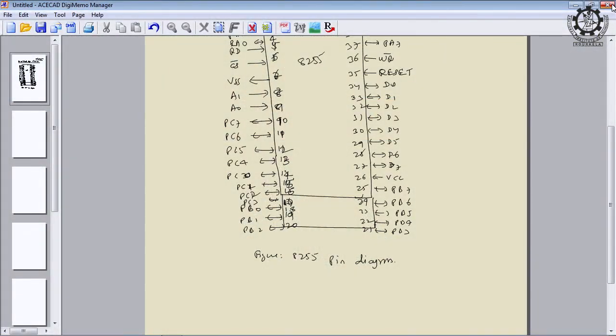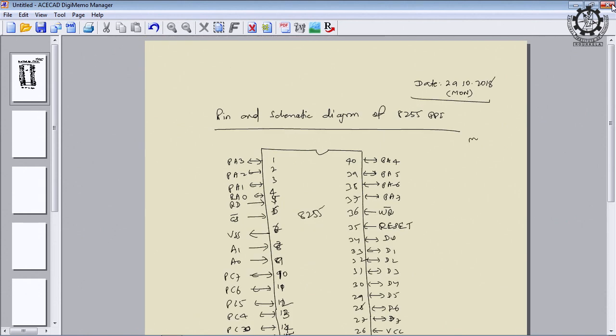Last class we were discussing the 8255 PPI, and PPI stands for Programmable Peripheral Interface, or for implementing the ports modes we are using 8255. How many modes are there? 3 modes are there: mode 0, mode 1, and mode 2.